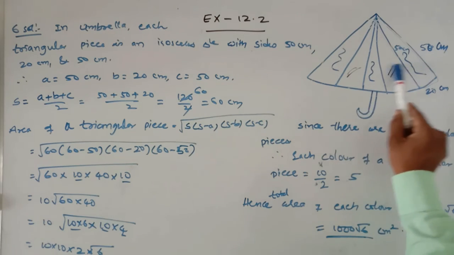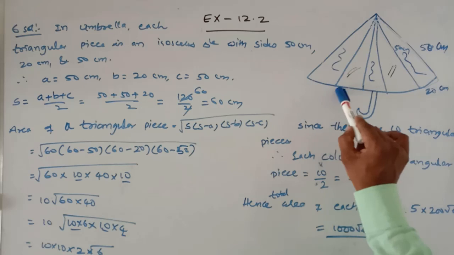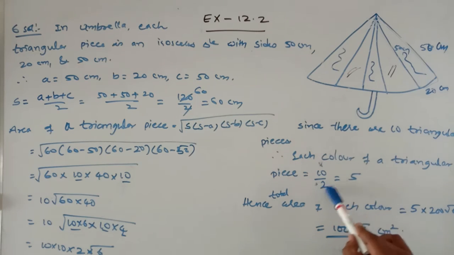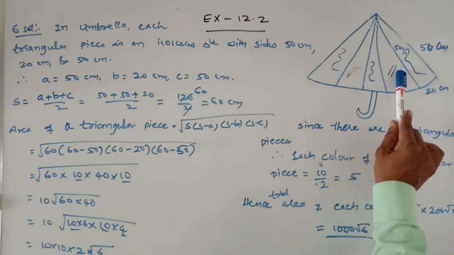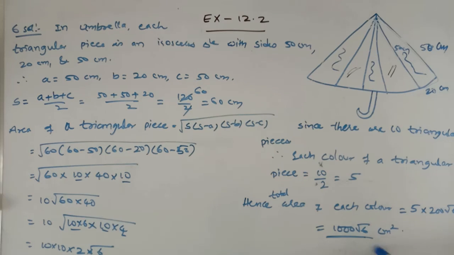The total number of strips of both colors is 10, so each color has 5 strips, all equal. Each color's area is the number of strips of one color into the area of one strip, that is 5 into 200 square root 6, which is 1000 square root 6 square centimeters.